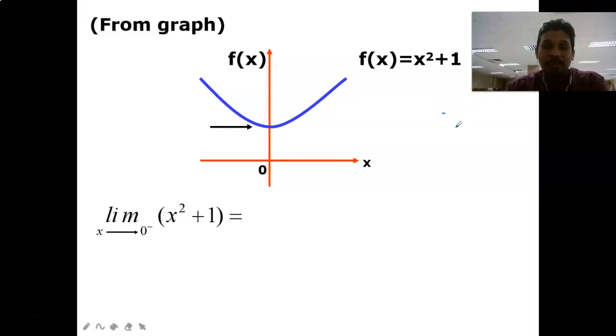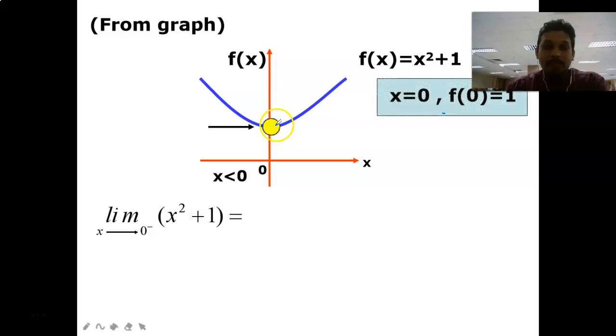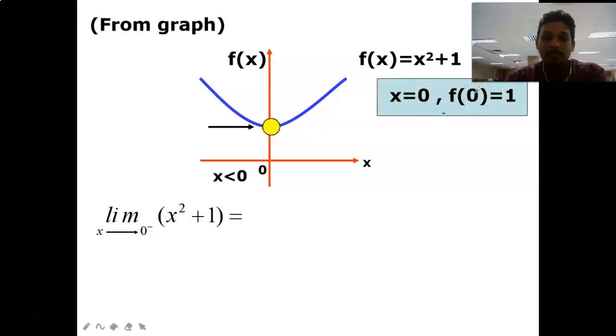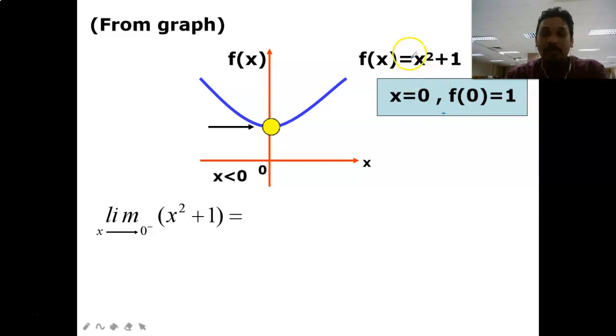The limit as x approaches 0 from the left is approaching 1. Okay. If x is exactly equal to 0, then 0 squared plus 1 equals 1.